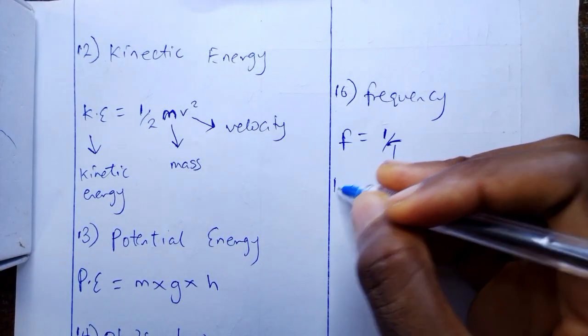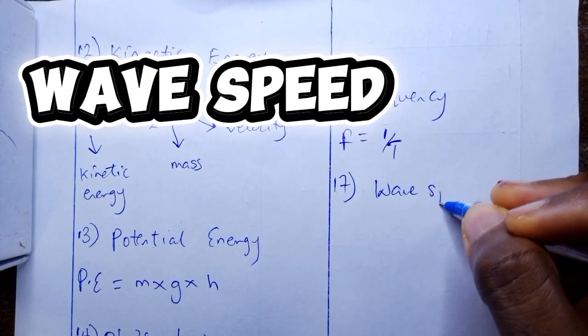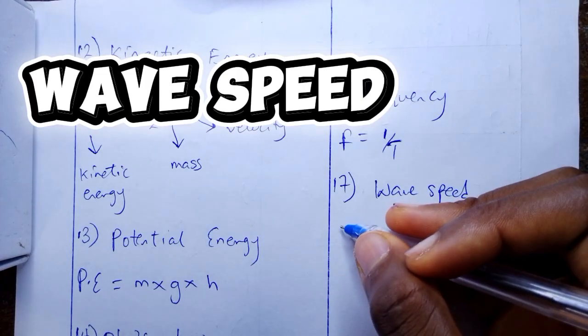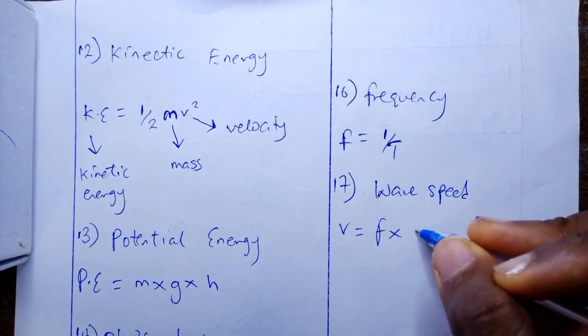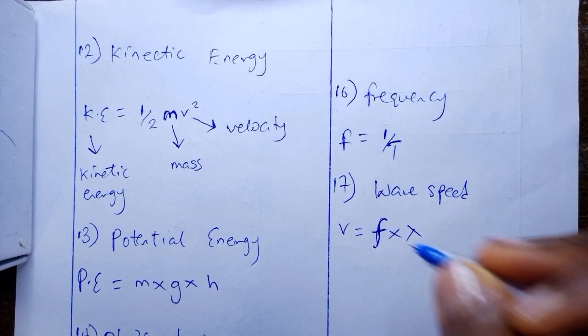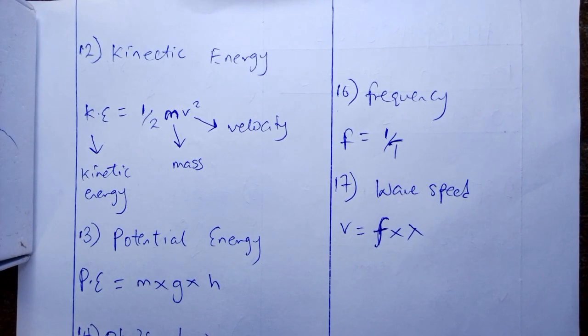Formula 17, wave speed. Our wave speed V equals frequency times wavelength. Ensure you cram all these physics formulas. This is a must-know formula for wave equations. You must know this formula if you want to do well in your wave equations.